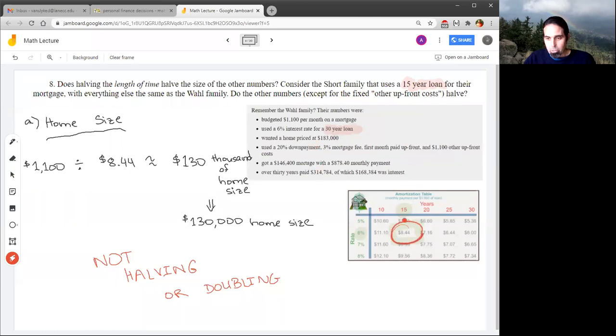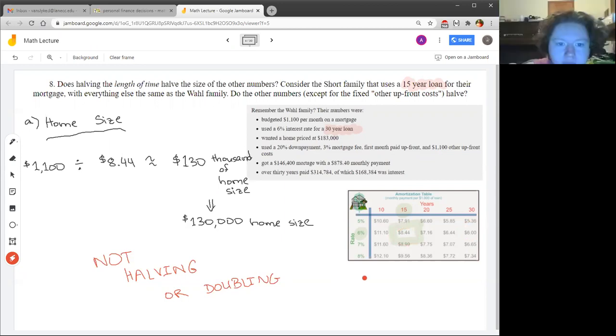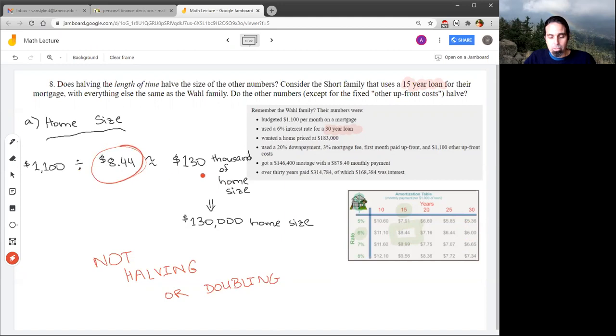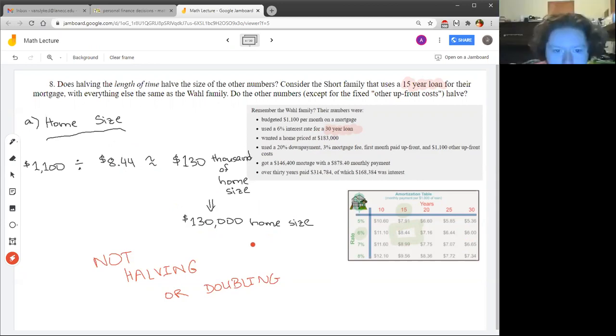So the table value didn't change with a half or a double. It went from $6 even to $8.44. So when we choose the different table value, the home price didn't go in half. We don't have roughly 90,000. Instead, we have a lot more than half.